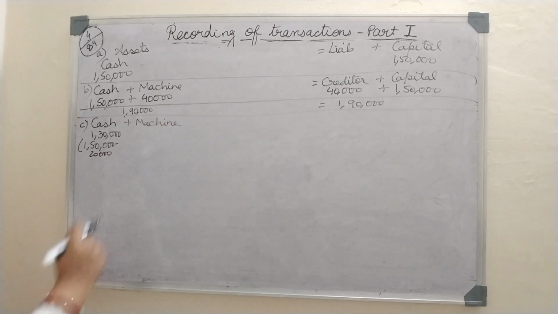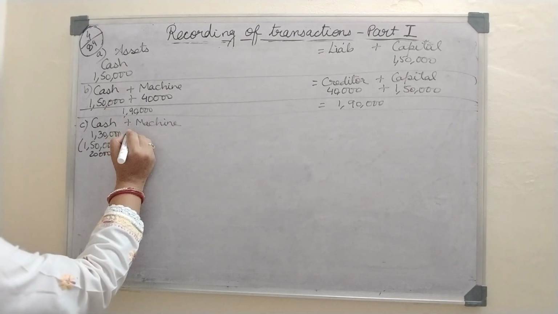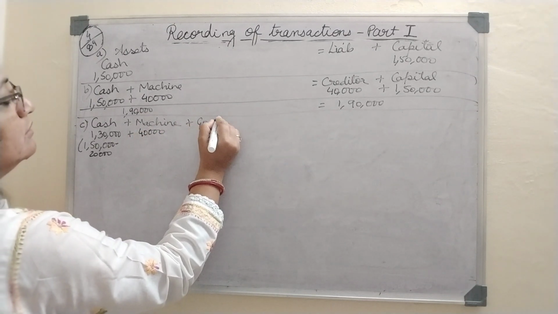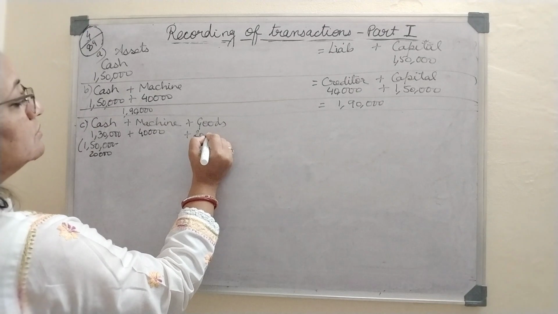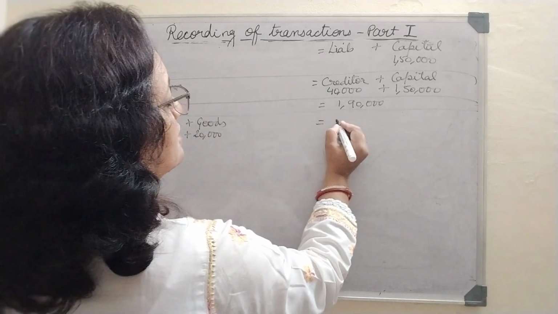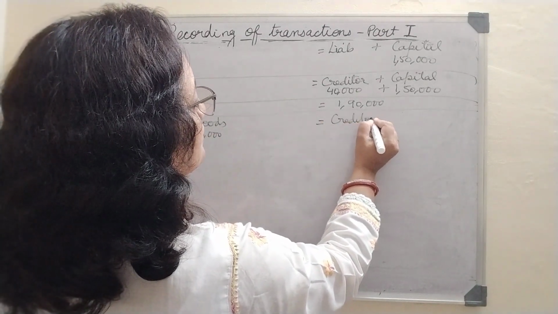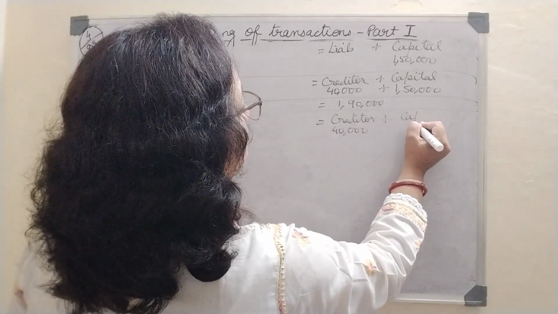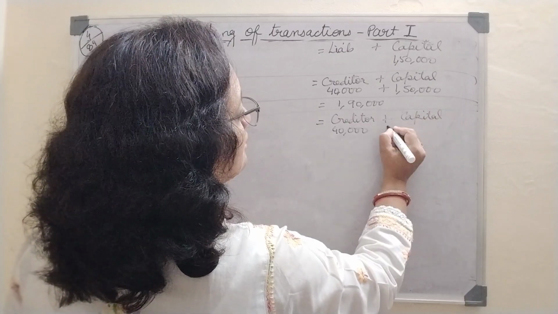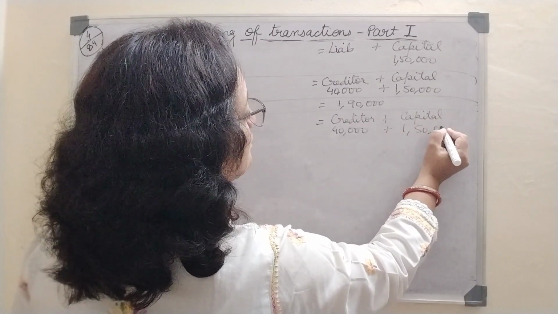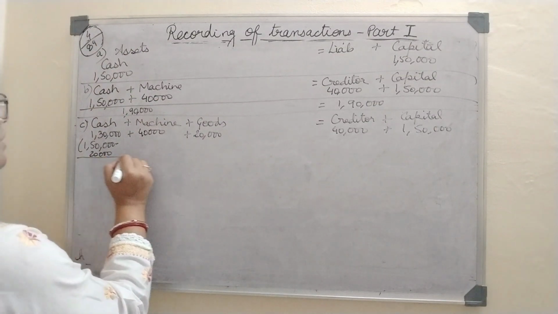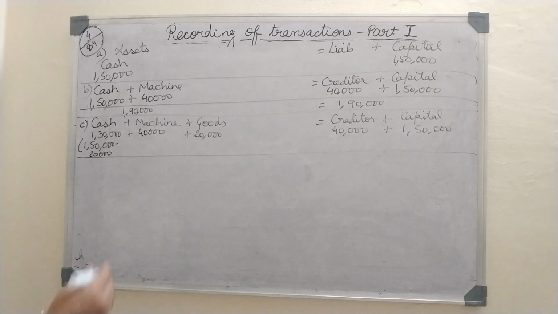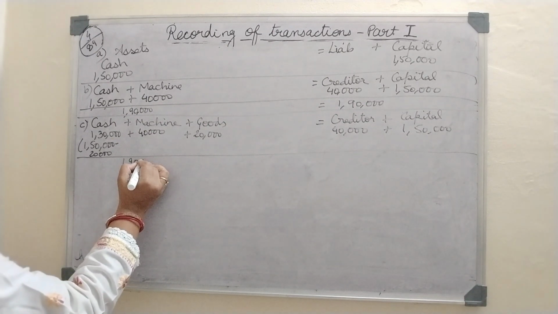Then machine remains the same and goods are for 20,000, right? This side is not affected. Creditor remains as 40,000. Capital remains as 1,50,000. So my total again remains the same. My total comes to 1,90,000.